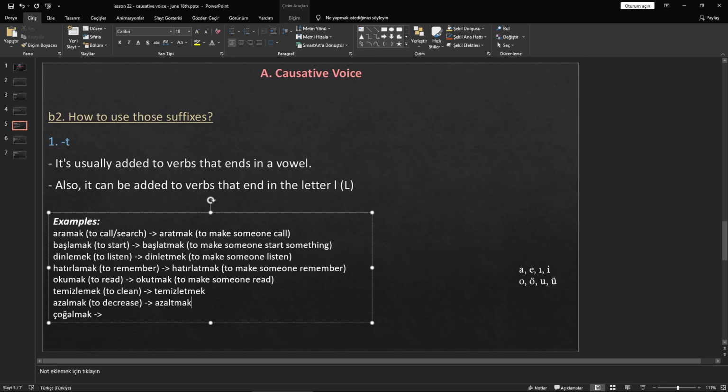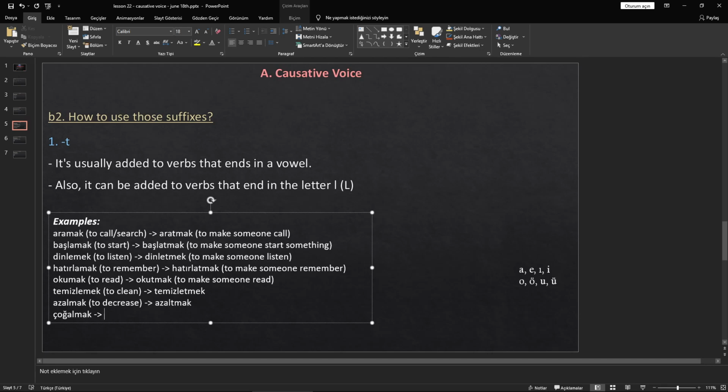Azaltmak. Yes, Graf, perfect example. He is making her listen to it. So çocuk, erkek, kıza şarkı dinletiyor. And let's do the last one.